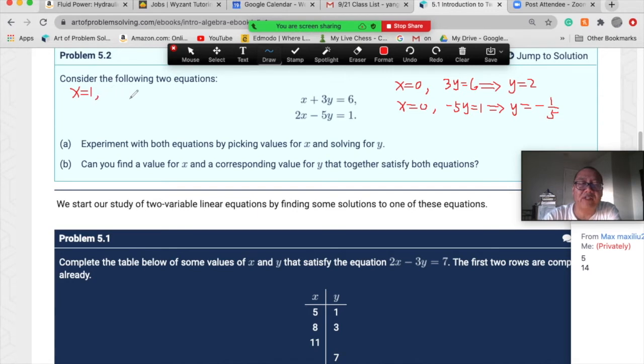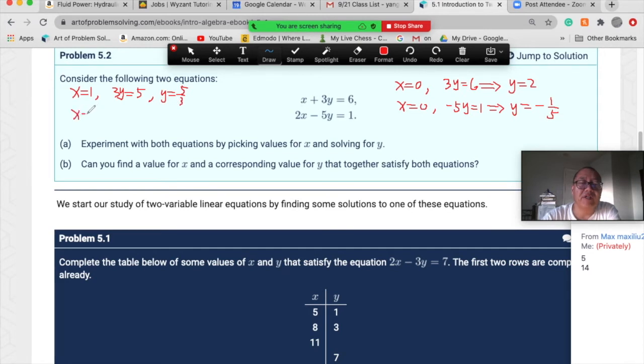If x equals 1, let's plug it in here, we get 3y equals 5, 6 minus 1. So then we get y equals 5/3. This is from the first equation.